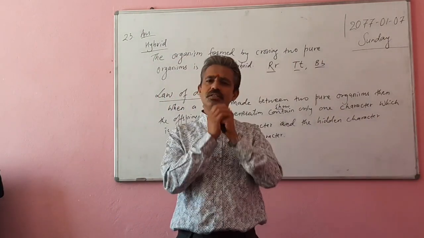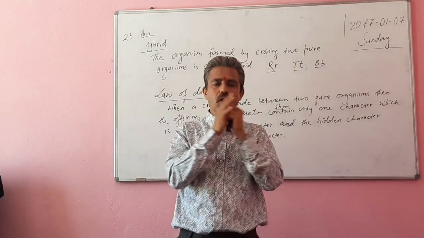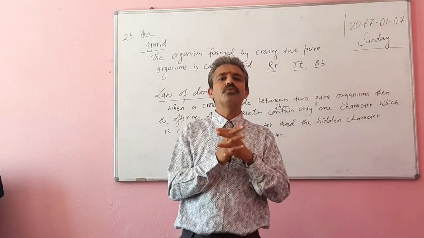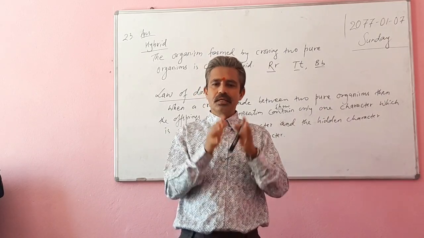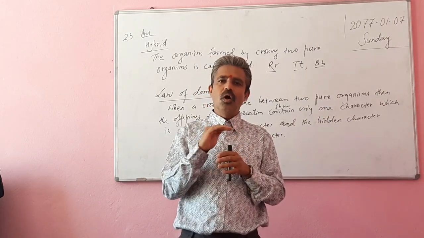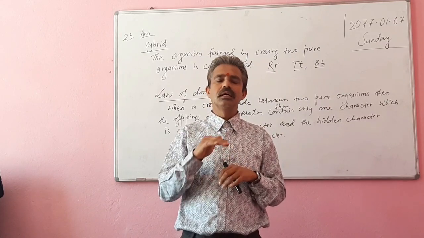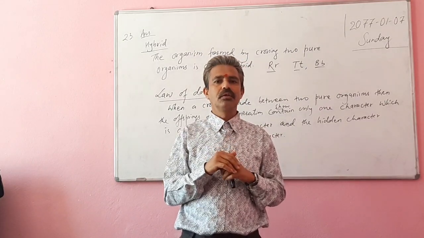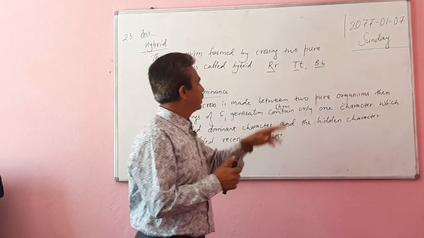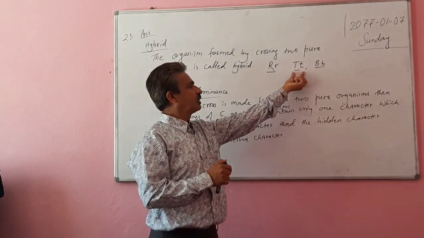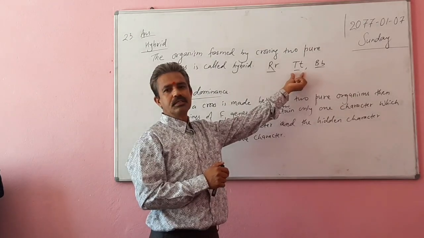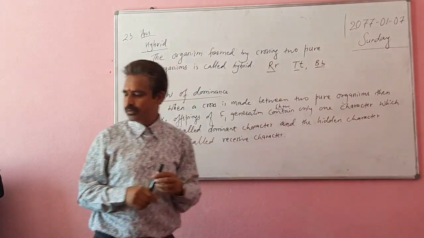So when a cross is made between a pure tall and a pure dwarf pea plant, in the first generation all the offspring will be tall, meaning hybrid tall. Though the recessive character, dwarf, is present, tall is dominating. So that is the law of dominance.